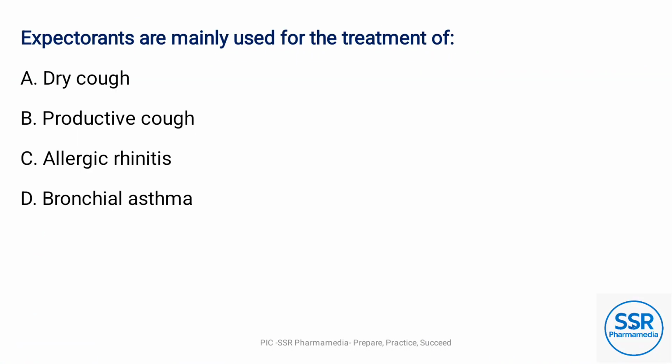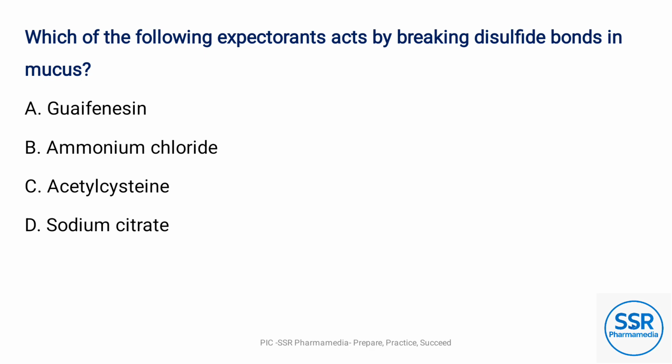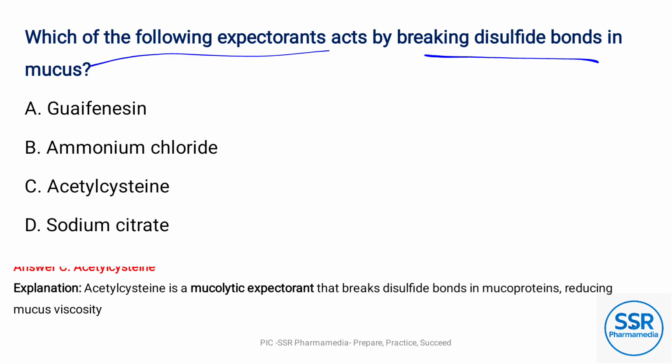Moving to the questions. Expectorants are mainly used for the treatment of option B, protective cough. Expectorants increase bronchial secretions and reduce sputum viscosity, helping in protective cough. Which of the following expectorants acts by breaking disulfide bonds in mucus? Option C, acetylcysteine.